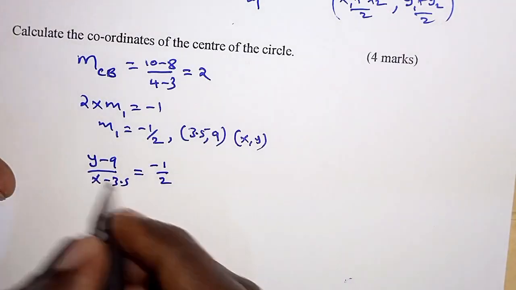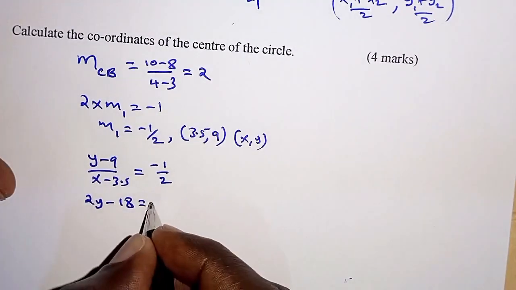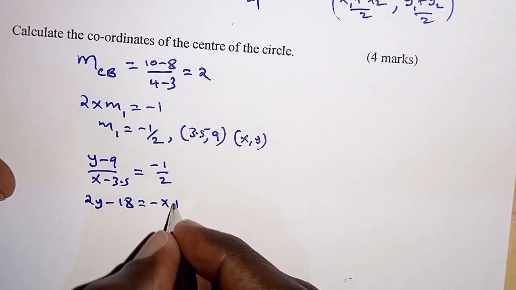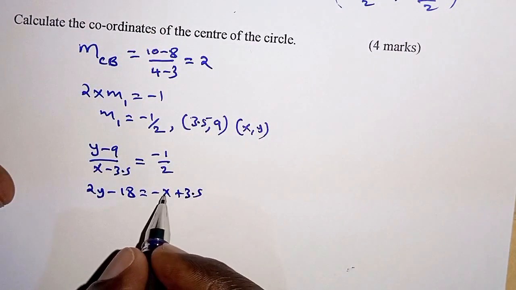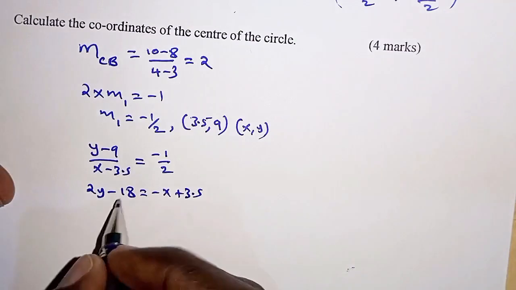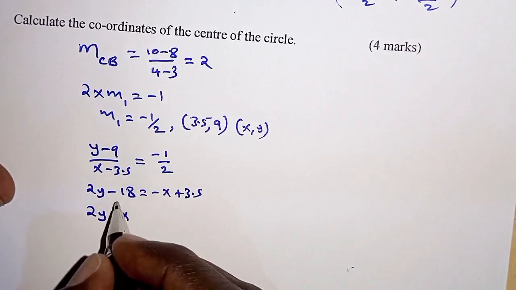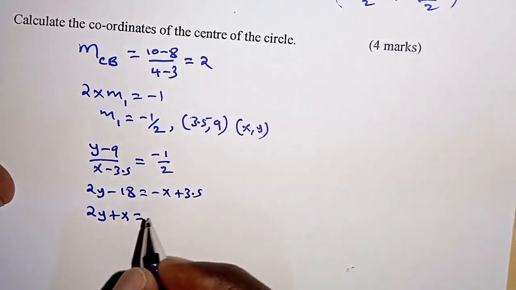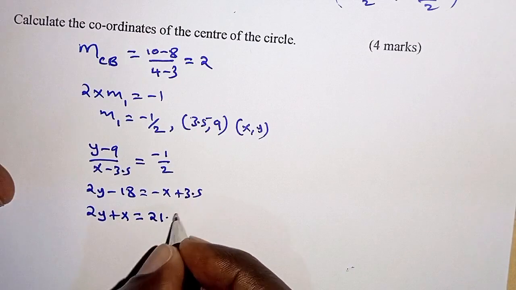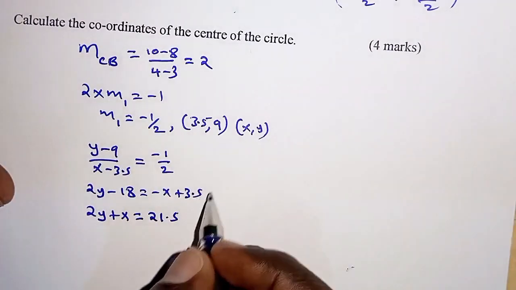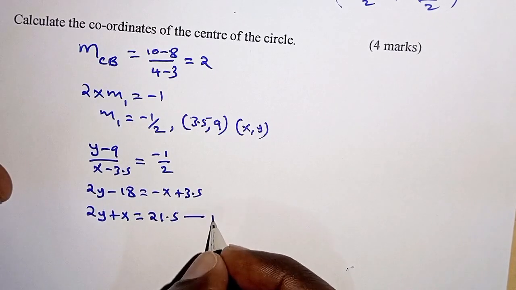So cross multiplying, we'll have 2y minus 18 is equal to -x plus 3.5. Now, bringing x to the left hand side, we'll have 2y plus x, and then 18 crosses, so that we have 21.5, that is 18 plus 3.5. Now we can call this our first equation.